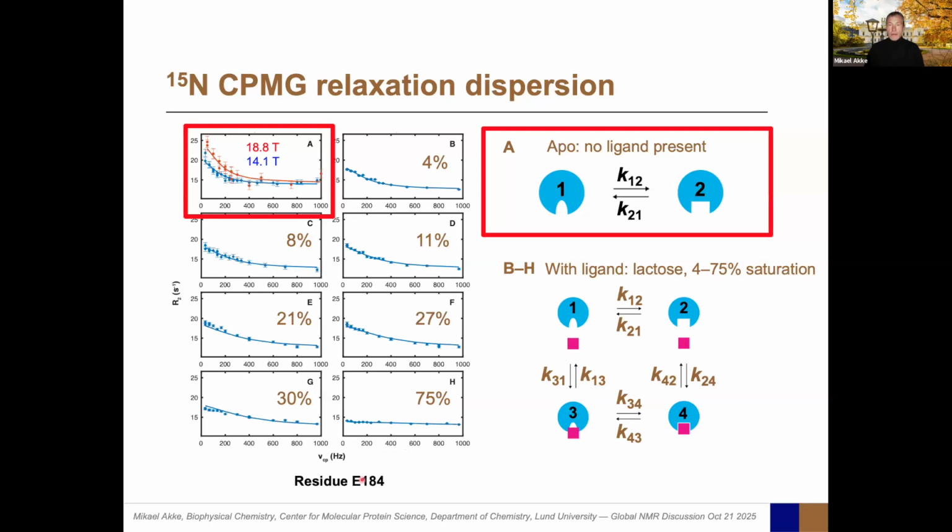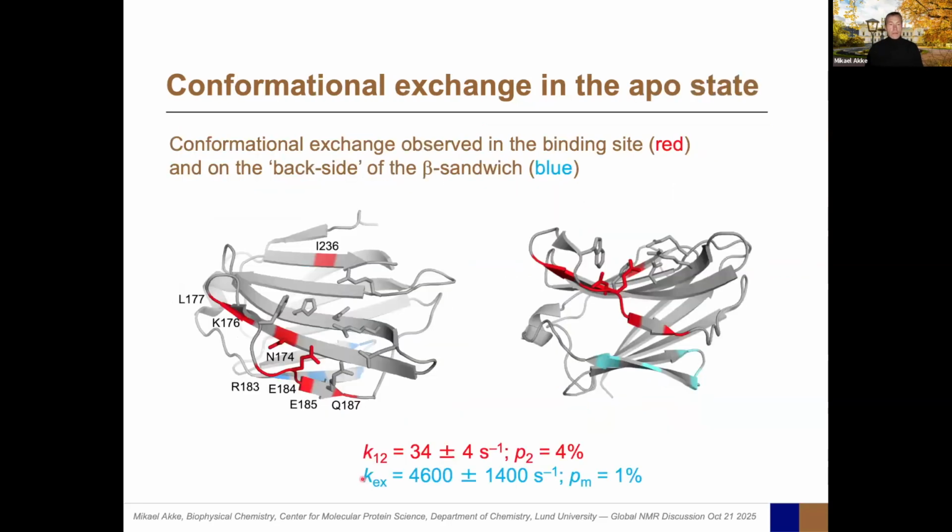the ligand, and that's shown here on the next slide, where you see all of the residues that show exchange when in the absence of ligand. And here is 184, which is one of the residues that actually coordinate the ligand sitting here. And you can see there are two different views, orthogonal.